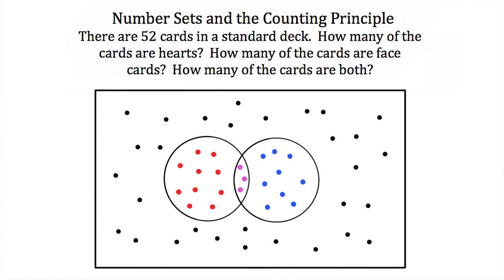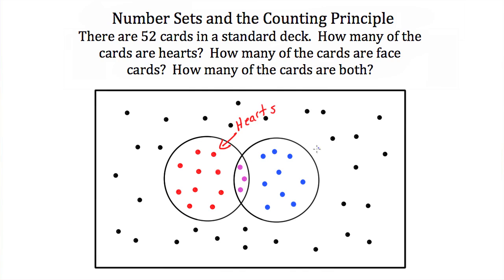This is a Venn diagram. This box and all the dots in it represent each possible card that we might choose out of the deck. Inside this circle, there are 13 red or purple dots. These 13 dots represent the amount of hearts that are in the standard deck.